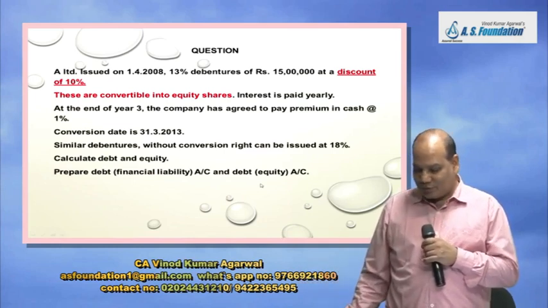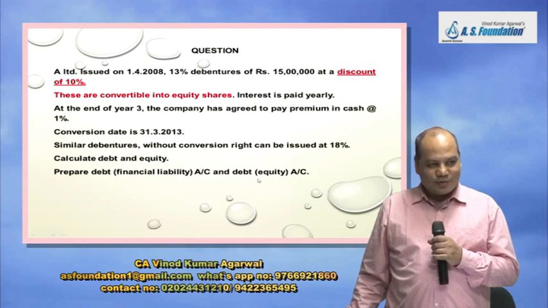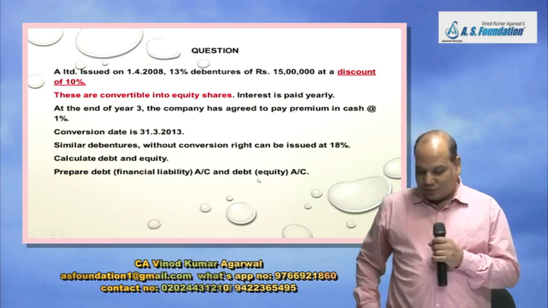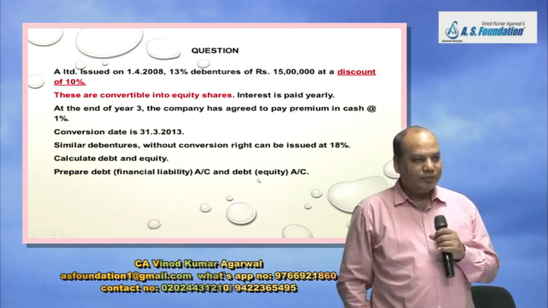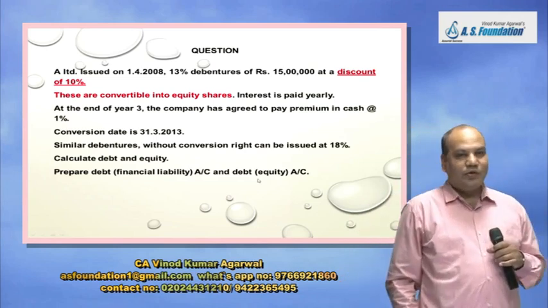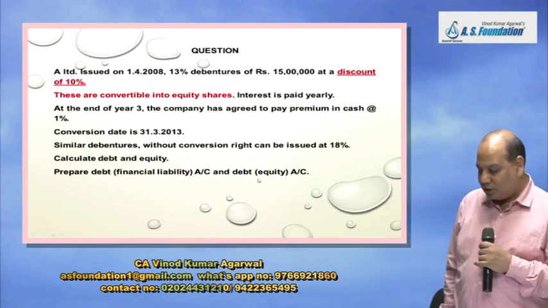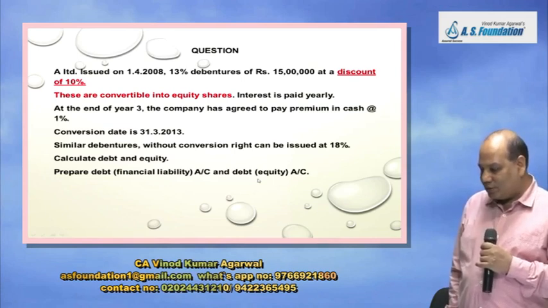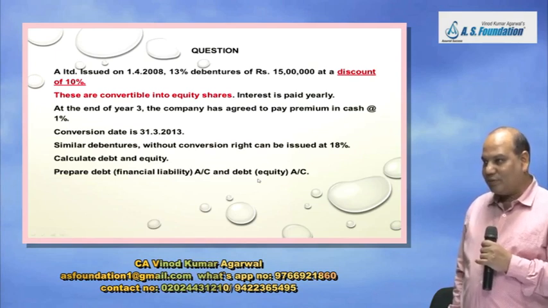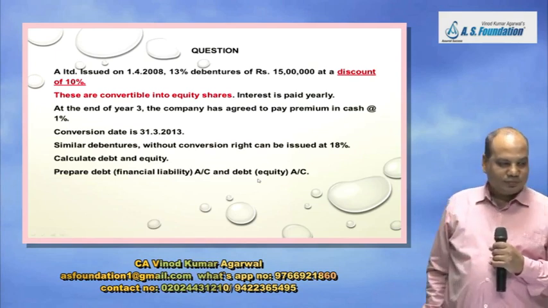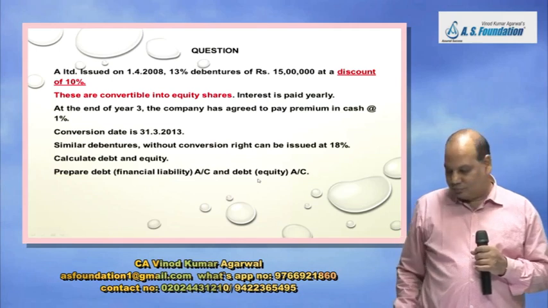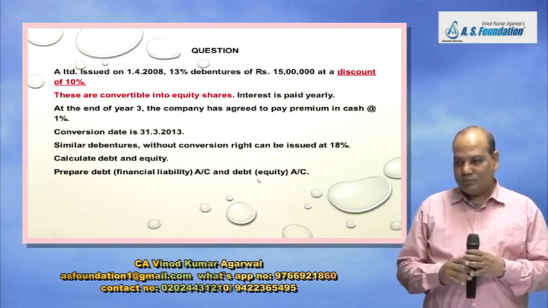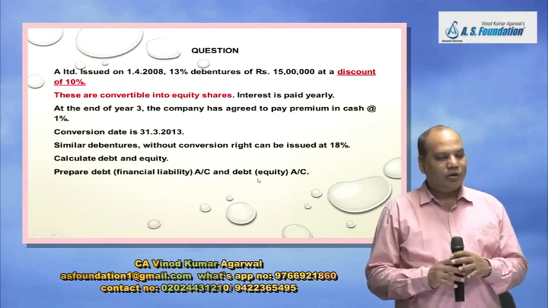Okay. Classwork only. First you tell me the value of the liability part. There is one extra adjustment. Be careful. In the third year, you have to also consider premium in cash, 1%. Pass the initial entry also. Come on.